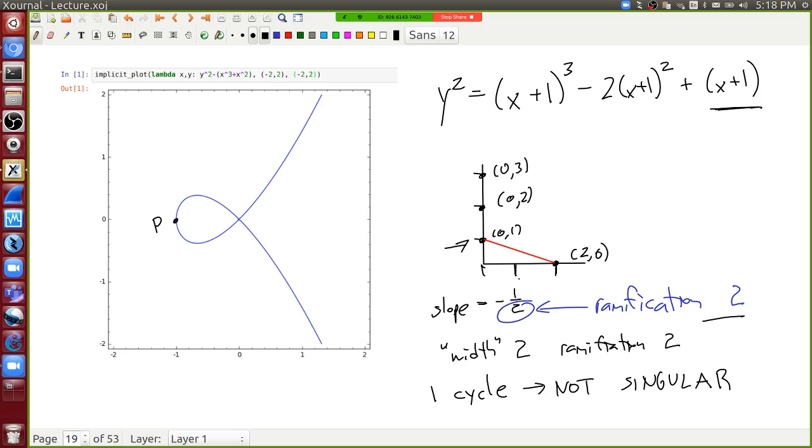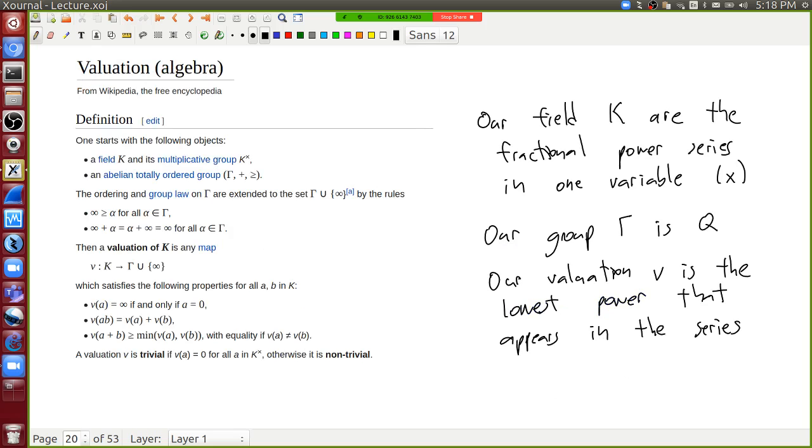And then you think to yourself, well, how does this work? This is my explanation of how Newton polygons work. I think the best way to understand them is to think about it in terms of valuation.